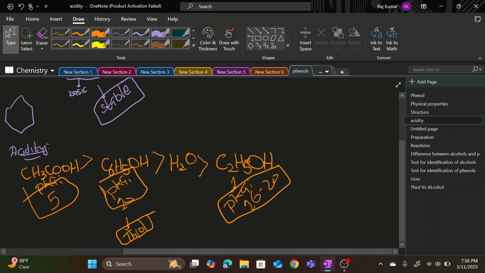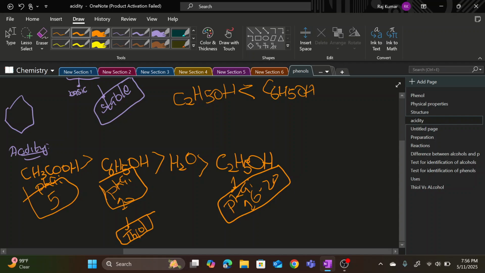In alcohol, the oxygen to hydrogen bond is somewhat weaker. If I were to explain it in very simple terms, the oxygen to hydrogen bond in alcohol is weaker than the oxygen to hydrogen bond in phenol.